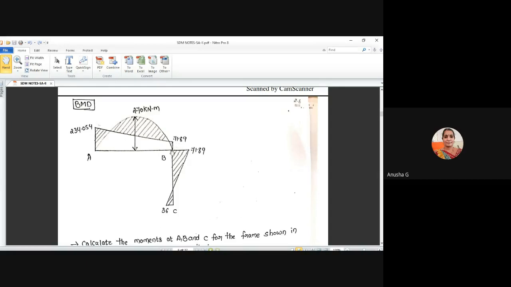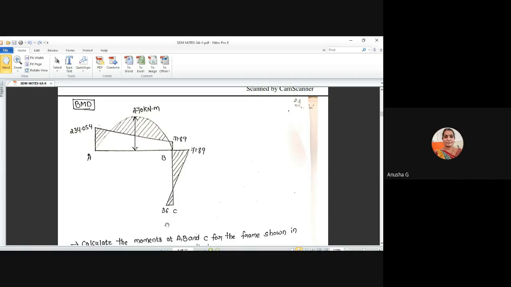Another one is 71. Here, due to UDL on the beam, we will get the rectangle, or if the loads are different, we will get the trapezoidal. We have to take this one for fixed end moments. Fixed end moments లో మనం చేసాం ఈ diagram ఎలా వేయాలి అనేది. First ఈ beam ని మాత్రమే తీసుకొని ఆ beam కి మాత్రమే fixed end moments base చేసుకొని మనం draw చేస్తాం. Fixed end moment diagram 234 and another one is 71.